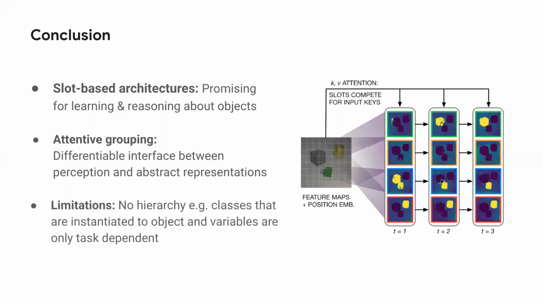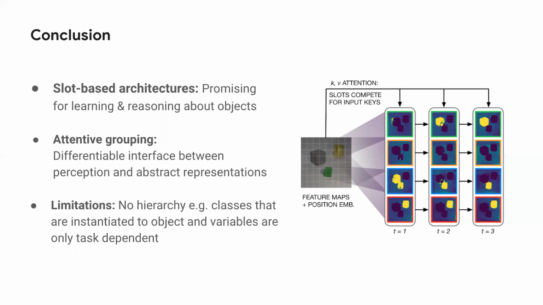And a limitation of slot attention is that there's absolutely no hierarchy. If you think about it in the programming sense, slots are these variables that in principle can bind to everything. It's kind of like a general class that gets instantiated.